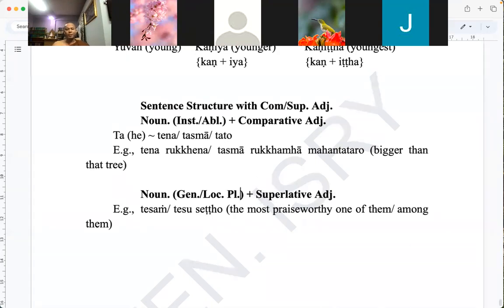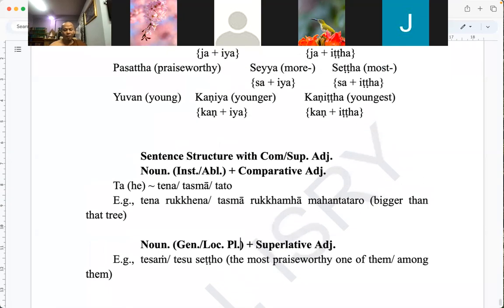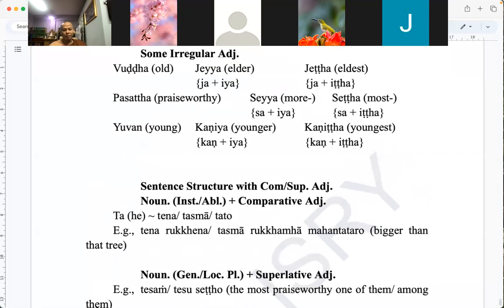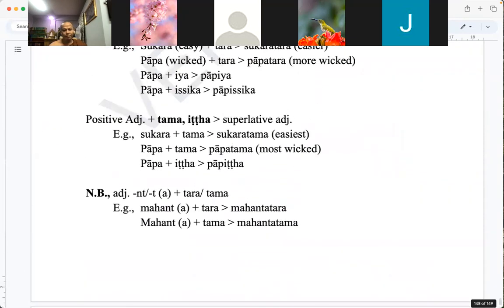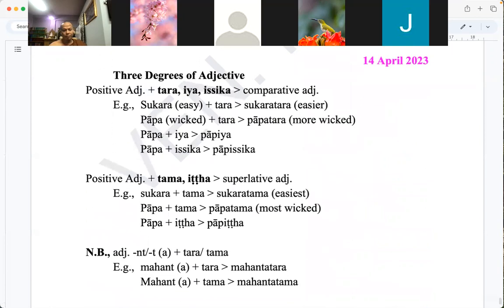Okay. So Hado. Yes, Bante. For this one, the first is about the adjective, that when we put tara or tasa together as the ending to form the comparative or the superlative adjective, I see it is coming from an adjective with the A ending, for example sukara or papa. It's with the A ending, Bante.